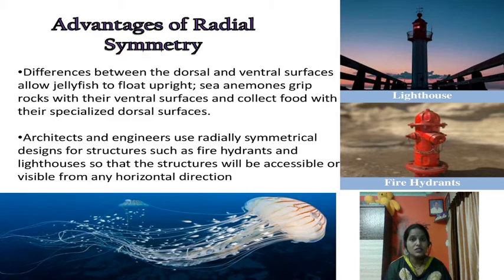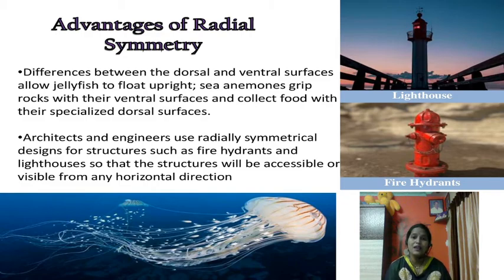Differences between the dorsal and ventral surface allow jellyfish to float upright. Sea anemones grip rock with their ventral surface and collect food with their specialized dorsal surface. This is one of the important advantages for sea anemone and jellyfish.